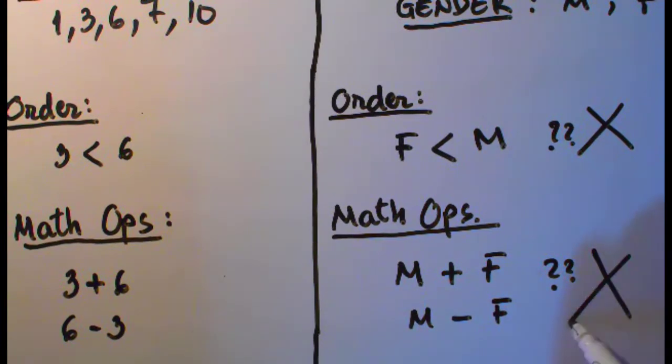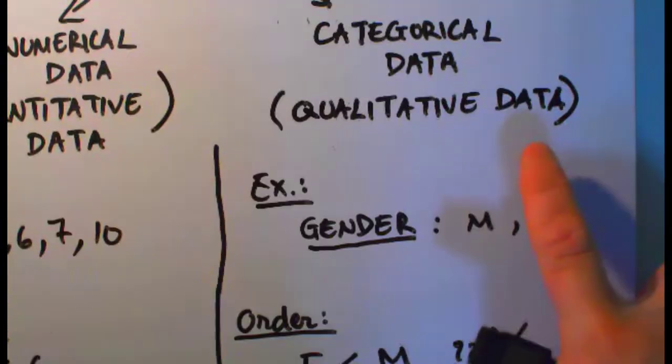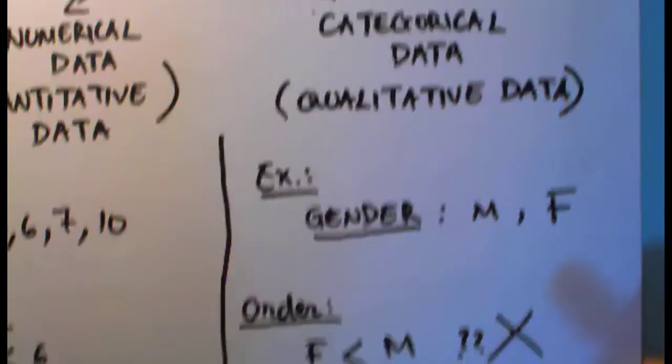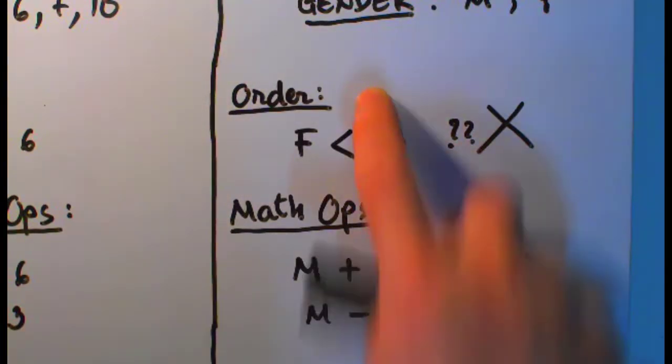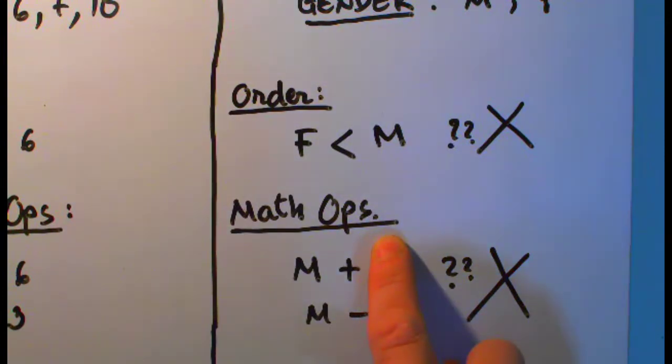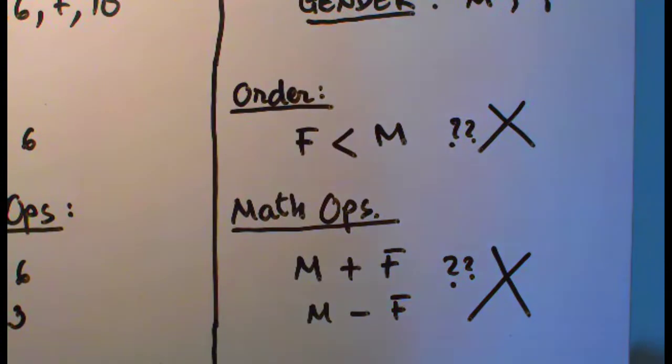So in categorical or qualitative data, putting the values in order and applying mathematical operations simply do not exist in the world of categorical data.